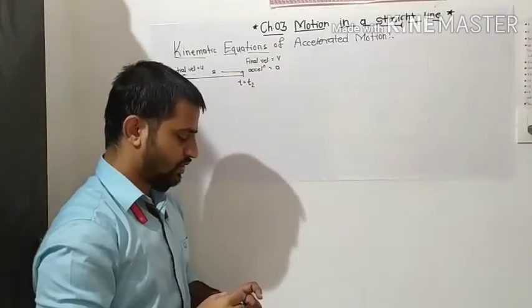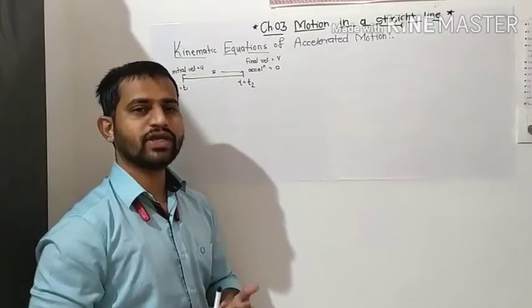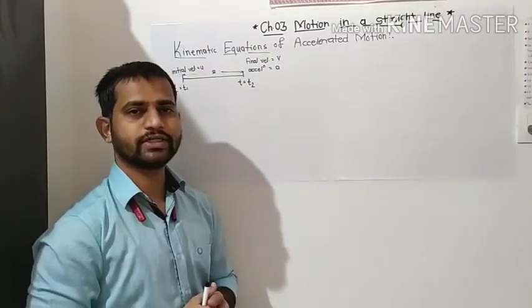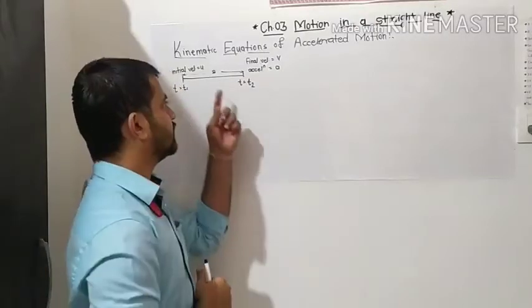In this case we have to consider some symbolic representation for the distance covered by that particular body. The distance covered is s.